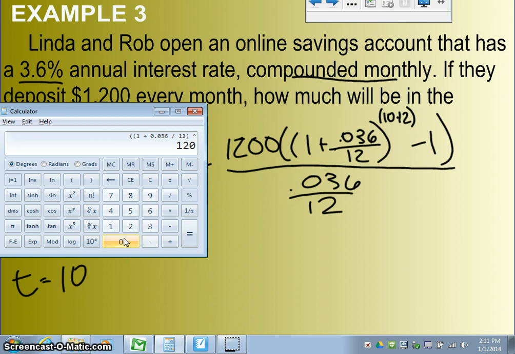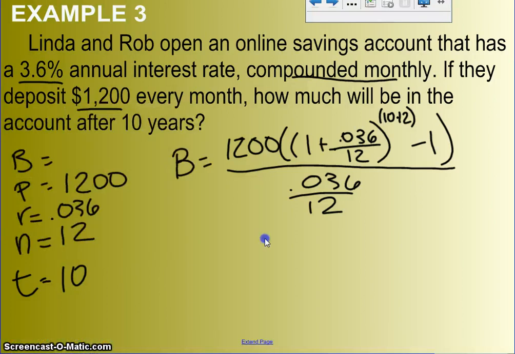Then minus 1, close that out, multiply it by my 1,200, and then divide it by, open parentheses, 0.036 divided by 12. And we get a value of $173,022.87. So we'll write that down here.